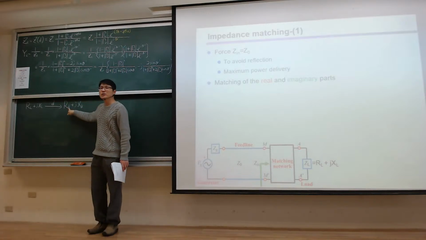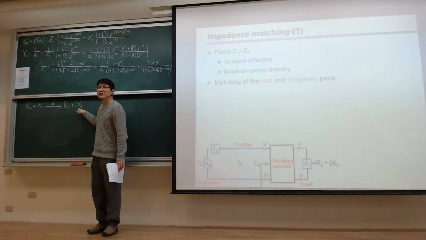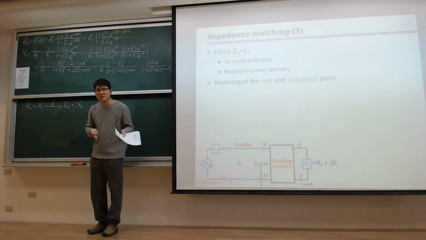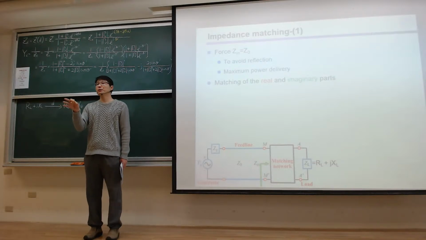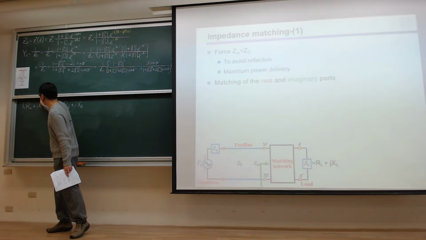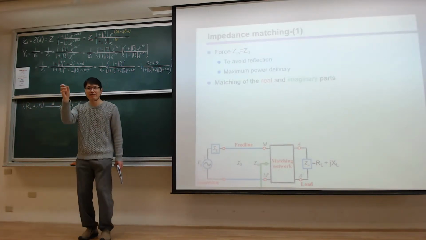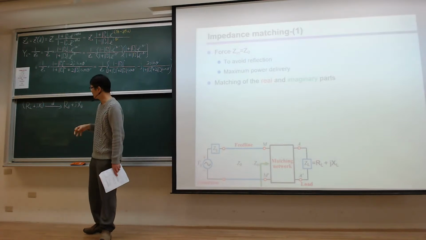I'm using D to denote the resistor value and the imaginary value, reactance value, are both a function of distance. Okay? So somehow I converted the problem to this one. Initially, I have my load, which is a fixed value in terms of the real part and imaginary part.